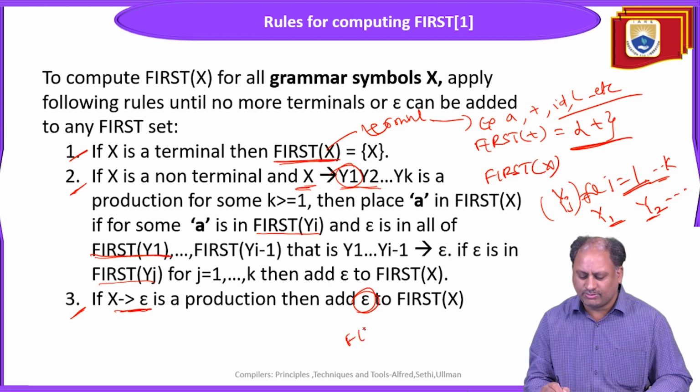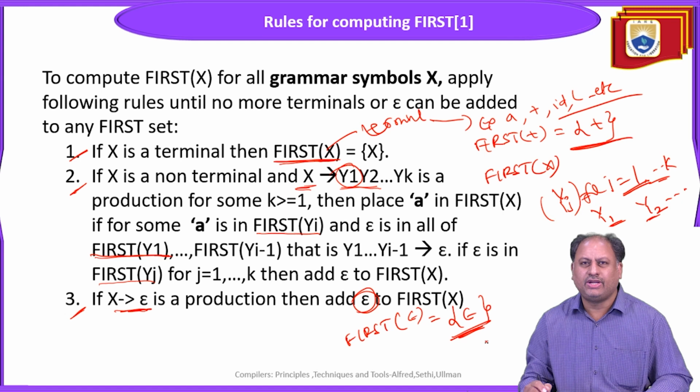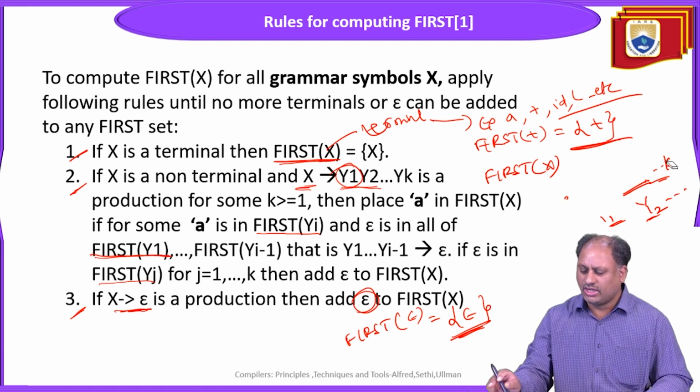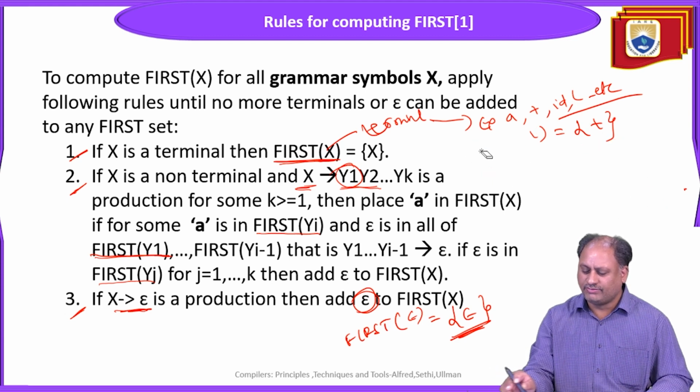For example, if we compute first of something and epsilon comes, then the result is computed with epsilon only. There is no point in calculating epsilon one more time, so it can be appended directly to the result. Those are the three rules to be considered while implementing the first computation in the predictive parser.